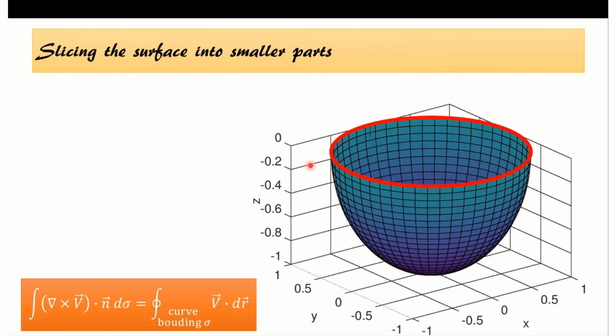So now let's cut the surface into smaller parts, even finer, and we will use these four squares over here to say that this is the boundary that I'm interested in. So this is d sigma, right?